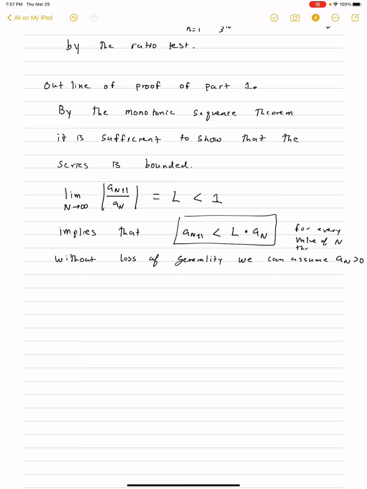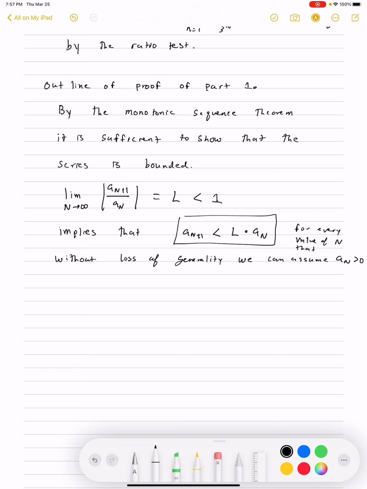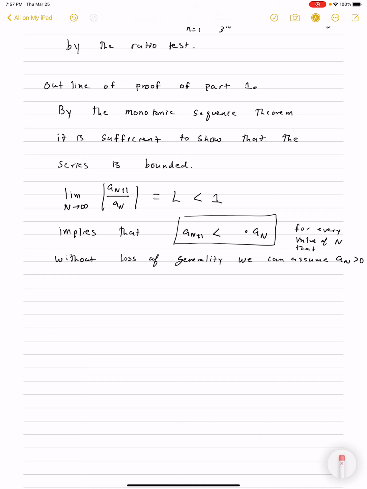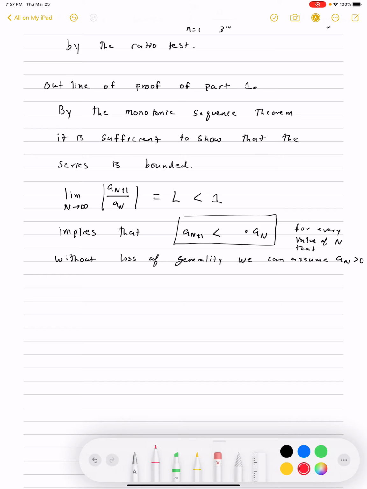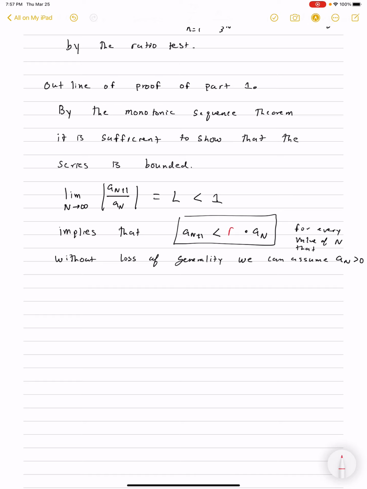That is large, because the limit means that as n gets bigger and bigger, okay, excuse me, I shouldn't have used the L here. I'm going to choose this to be R, okay, R times a sub n, where L is less than R is less than 1, okay.